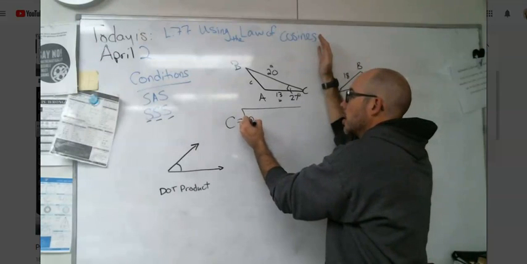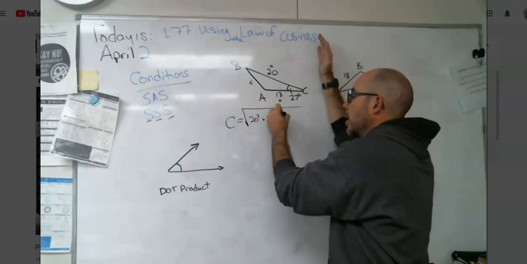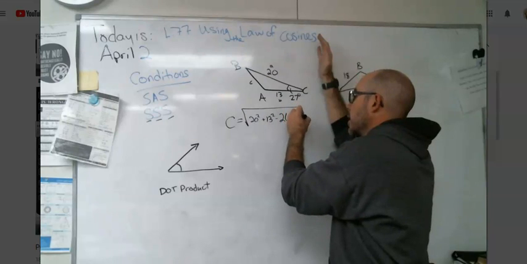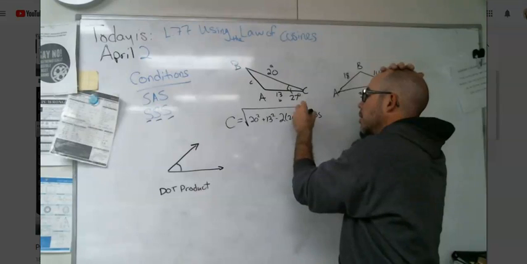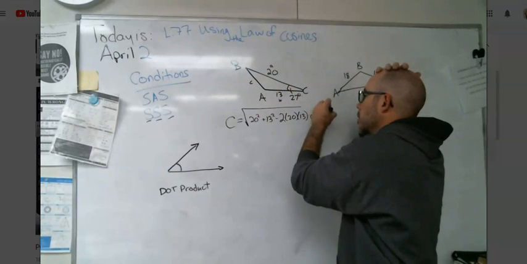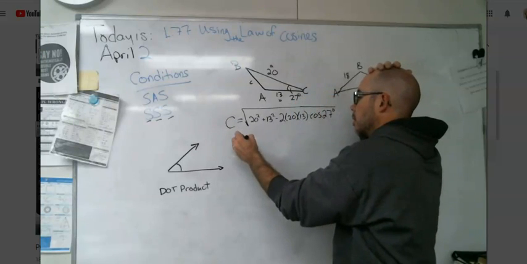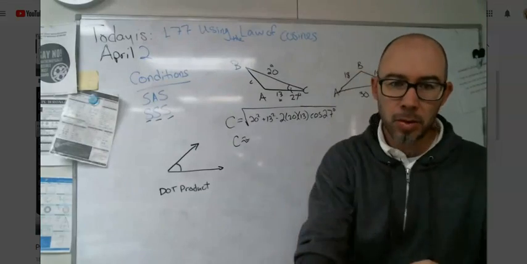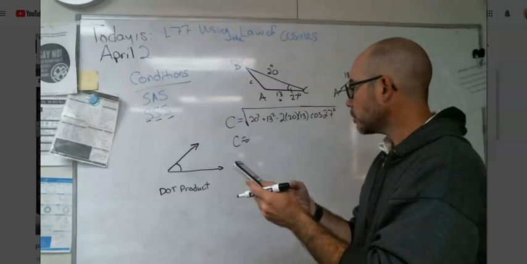We go a squared plus b squared minus 2 times a times b times the cosine of the angle C, and that would be cosine of 27 degrees.